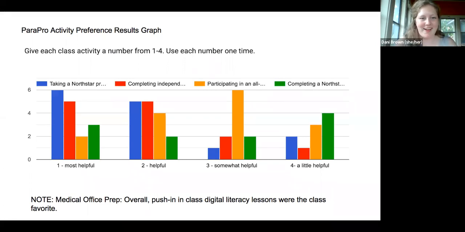In summary, we had a lot of people say that the push-in lessons were their favorite part of the content in total. But a lot of people said that taking a North Star test or completing independent study were also very helpful.